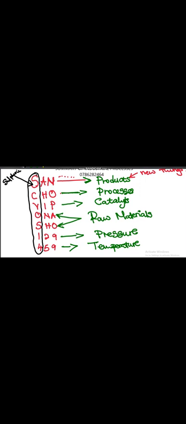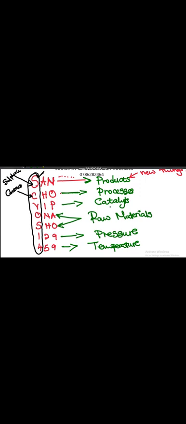So we are saying sulfuric acid is manufactured by a process called the Contact process.